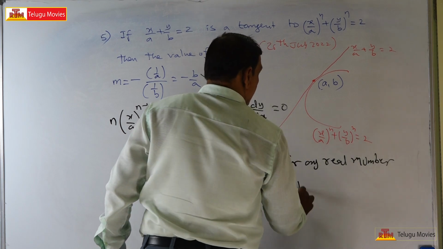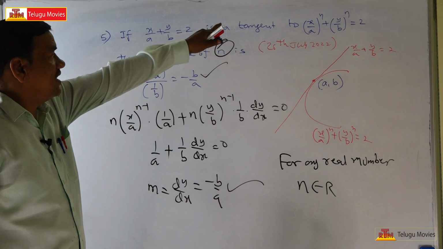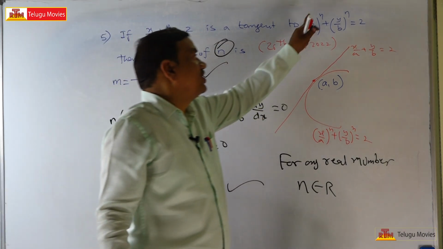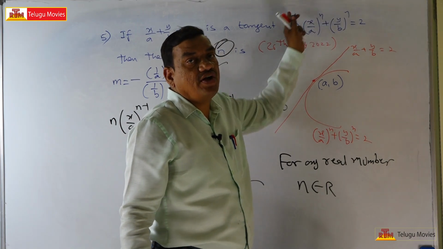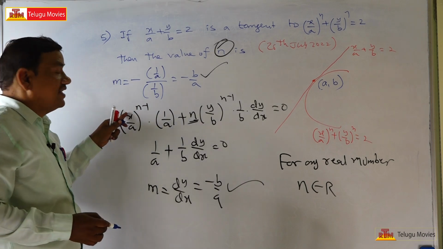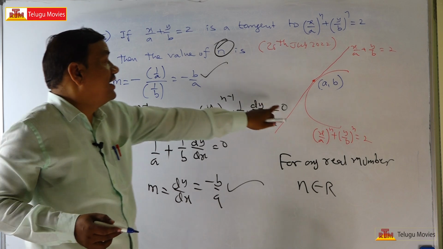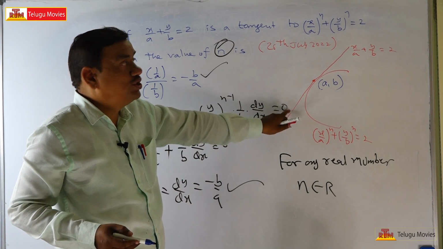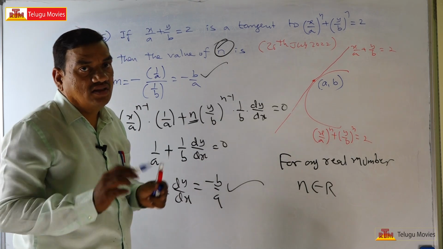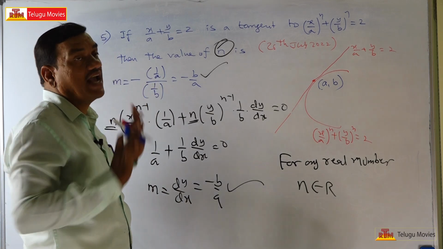For any real number n belonging to R, the line will become a tangent to that curve. Even if you keep 3, 4, 5, 5 will come here and here, a by a and b by b cancel, and 0 will definitely be there. The number n is cancelled, so there is no business with n.